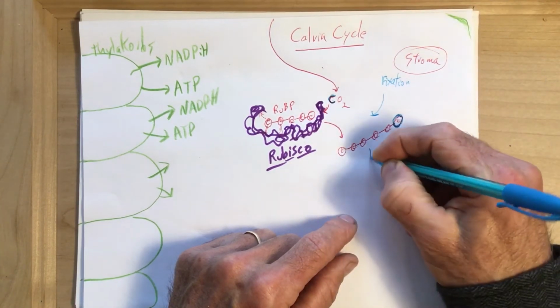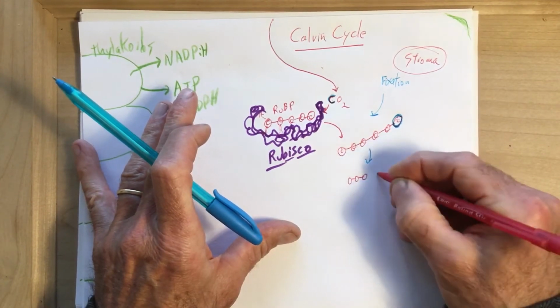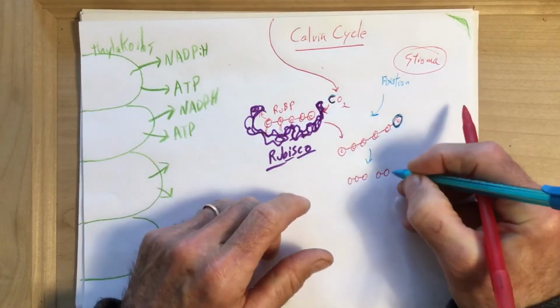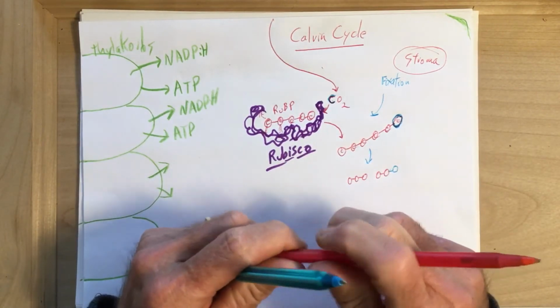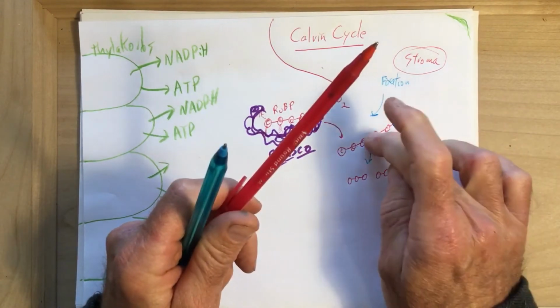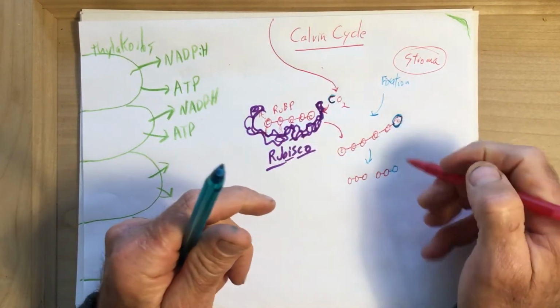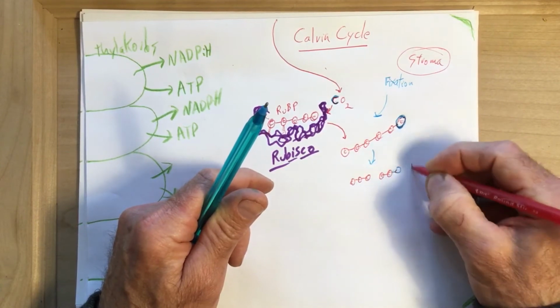All right. Next step, this 6-carbon sugar very quickly falls apart because it's very unstable now. This thing can't handle the fact that it's been messed with in this way, and so it splits in 2 right down the middle. Now we have 2 3-carbon sugars. We call them PGA.